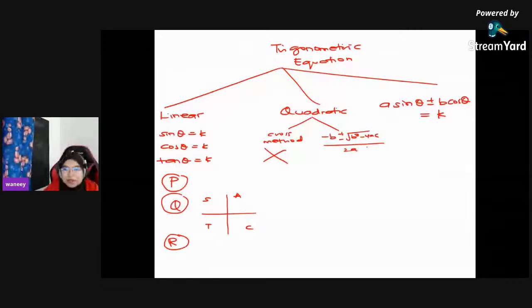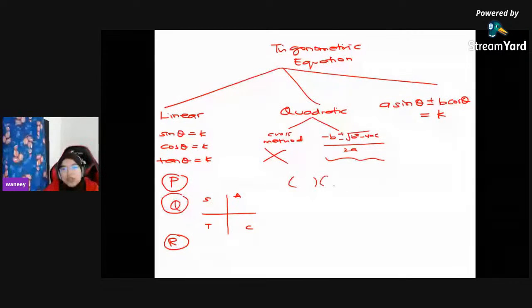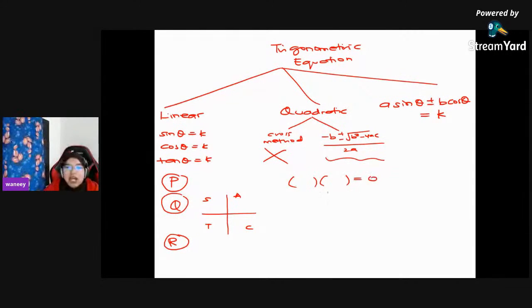Either one works. Once you use the cross method or the quadratic formula, you will end up with two linear functions. You solve them separately, again with P, Q and R: find the principal angle, calculate which quadrant, and check the range as well.